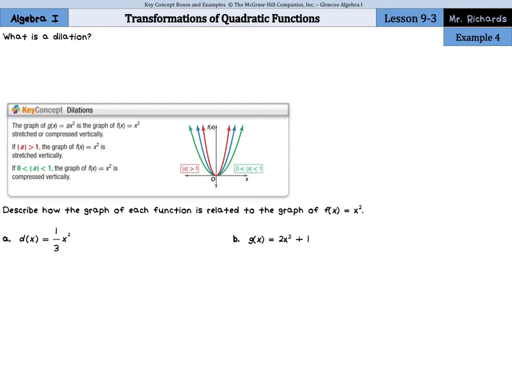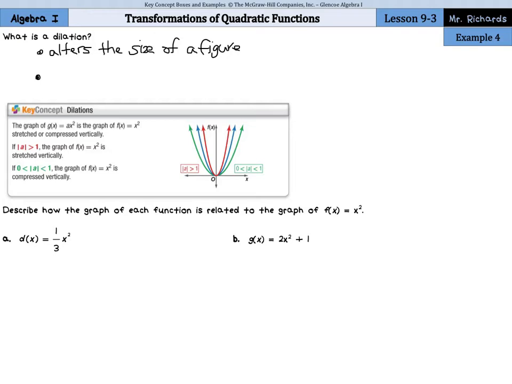And now we get into dilations. What is a dilation? A dilation alters the size of a figure. If you think about your eyes being dilated, your pupils change in size.